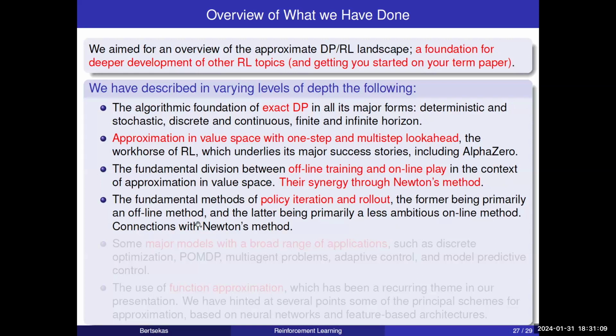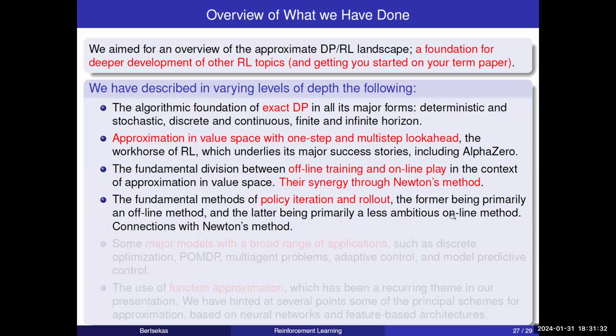It has to be done offline. Rollout, on the other hand, is an online method. It's a one-shot policy iteration. It works well because it connects with Newton's method. It's one step of Newton's method, and it tends to work very well in theory and in practice.